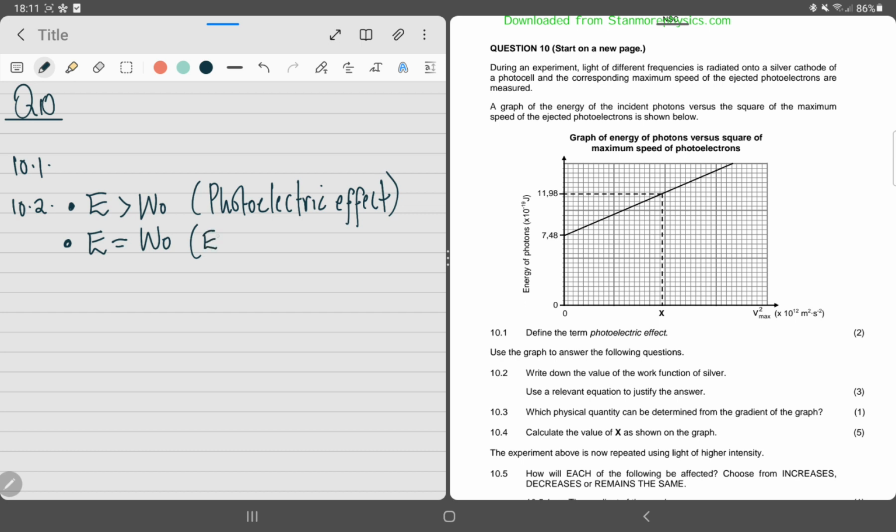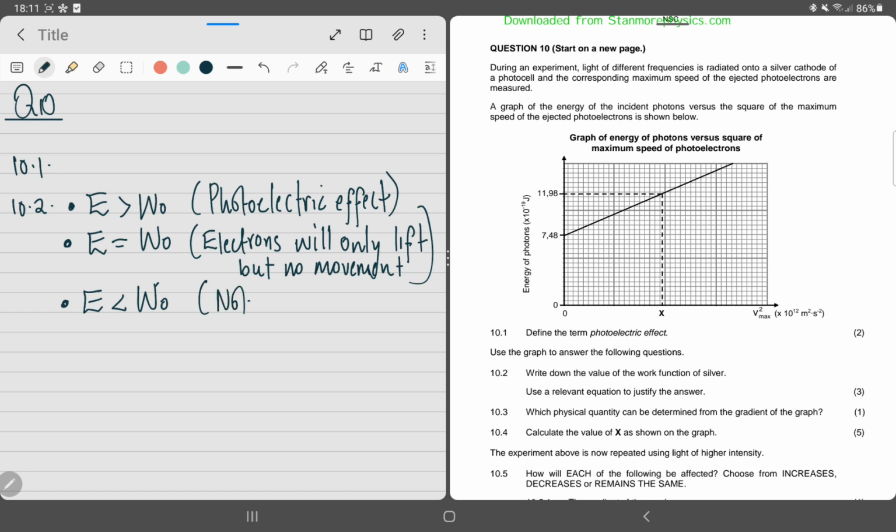Here, electrons will only lift, but no movement. And the third scenario, the energy of the photons is less than the work function.